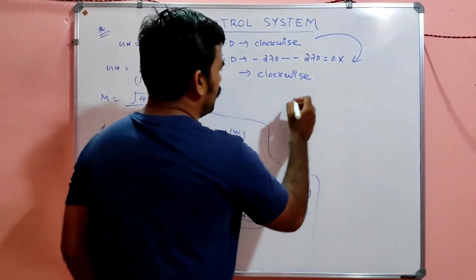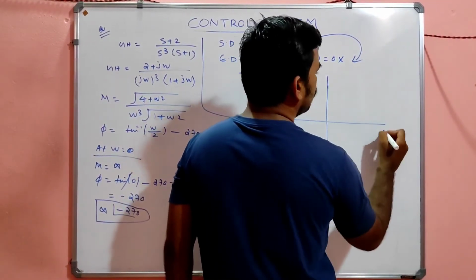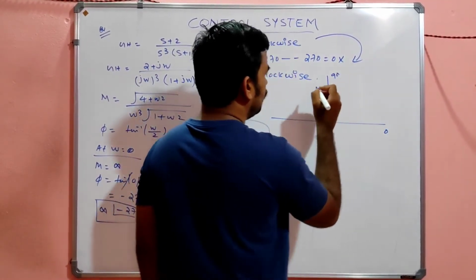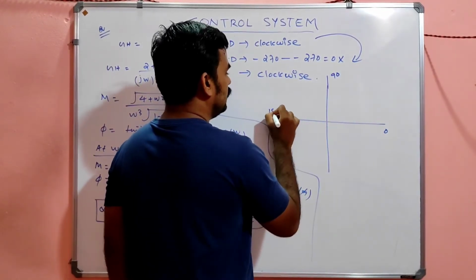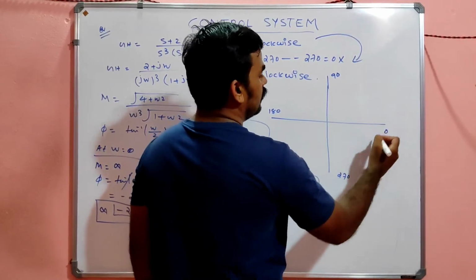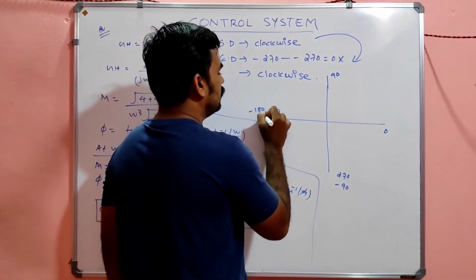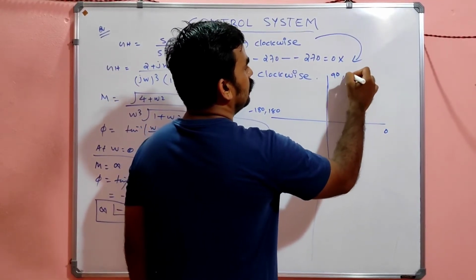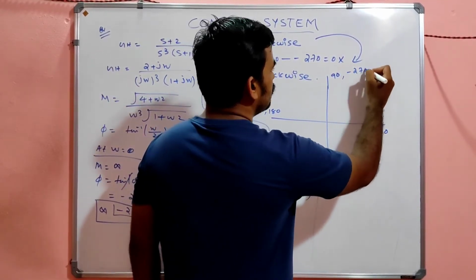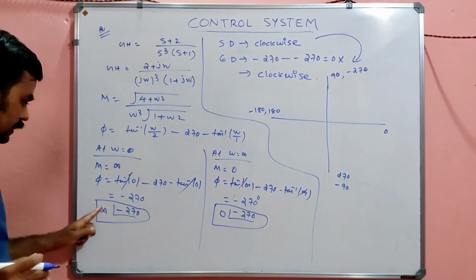So what will be the plot now? Again 0, 90, 180, 270, and again 0, minus 90, minus 180, and minus 270. Am I right, my dears? Okay. So what will be the starting direction?